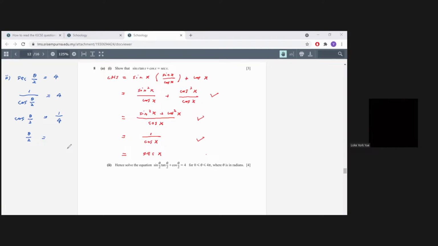Theta over 2 equals to 1.32 and 4.97. Theta equals to 2.64, 9.93.